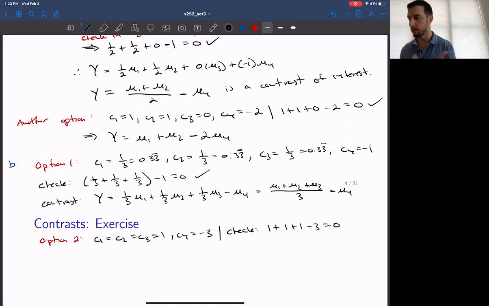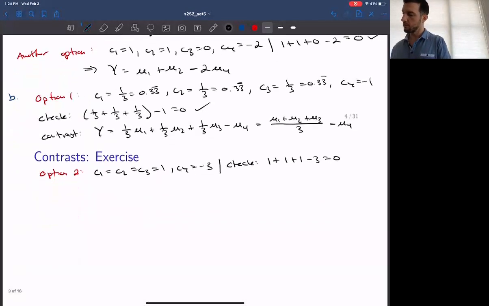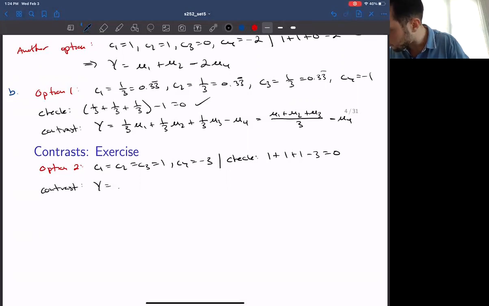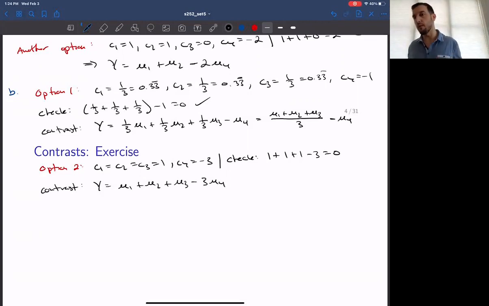So that would also work. And then this would give us a contrast of the form gamma equals mu1 plus mu2 plus mu3 minus 3 mu4. Okay, and that would accomplish the same goal.